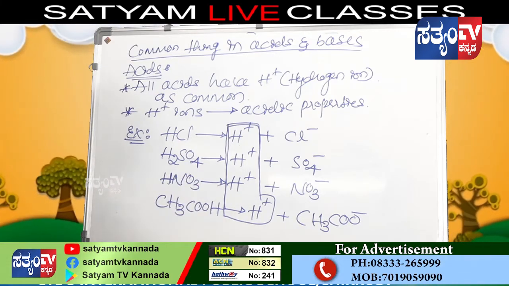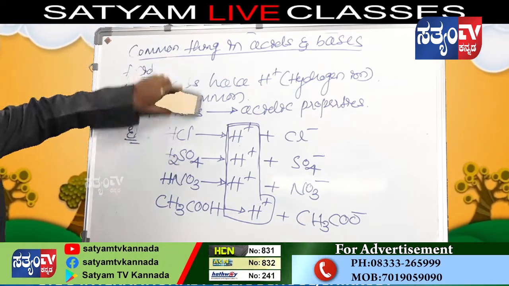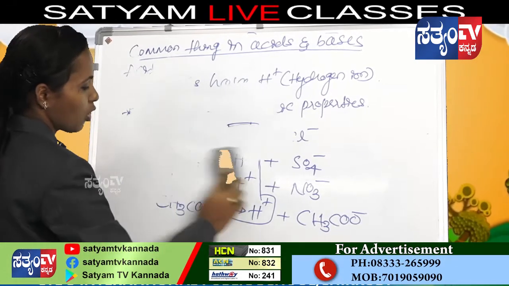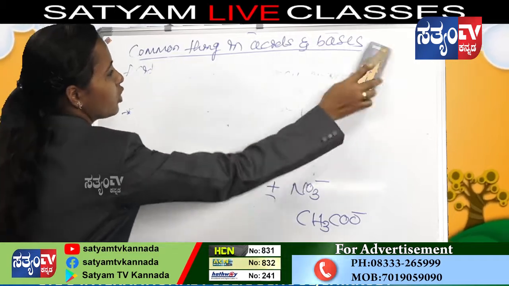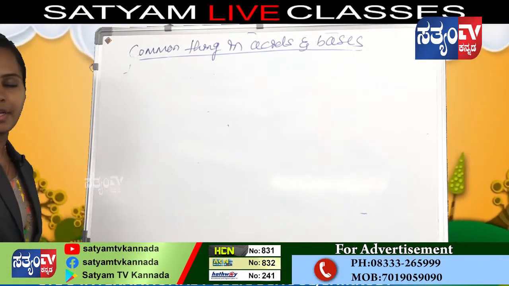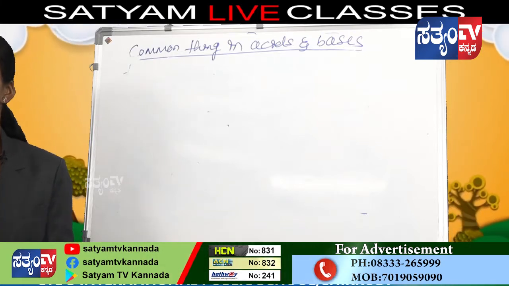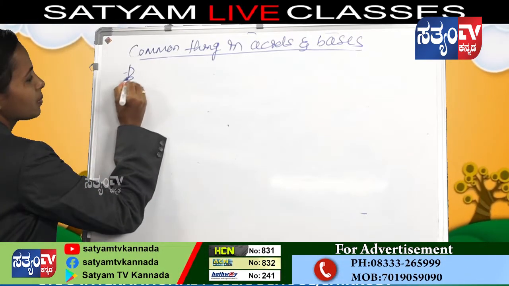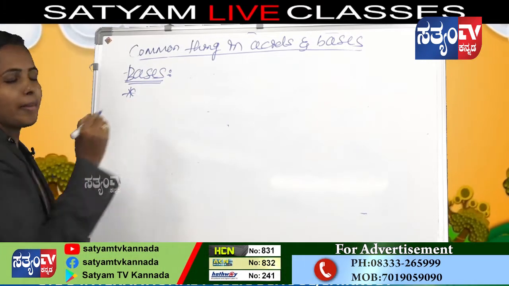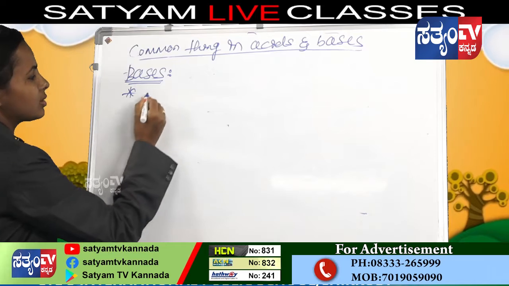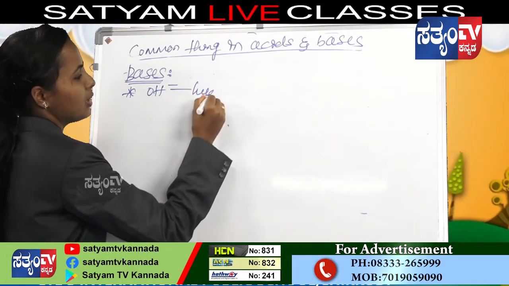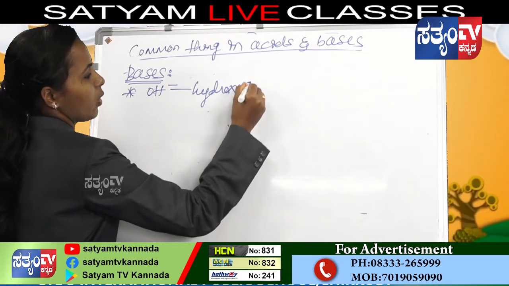The next step is what is common in bases. You already know that when bases dissolve in water or in aqueous medium, they give OH minus ions. All bases have OH minus ion. This is called the hydroxyl ion.